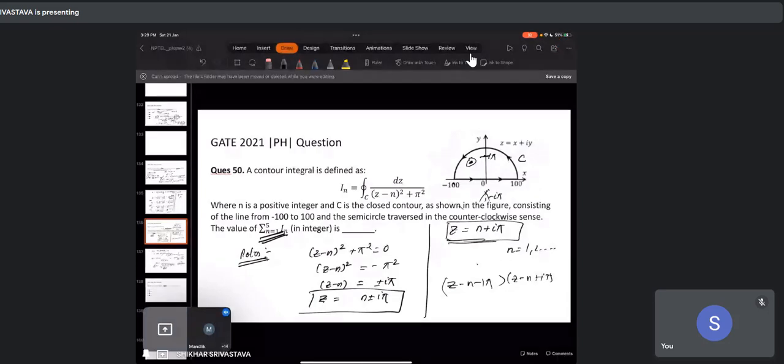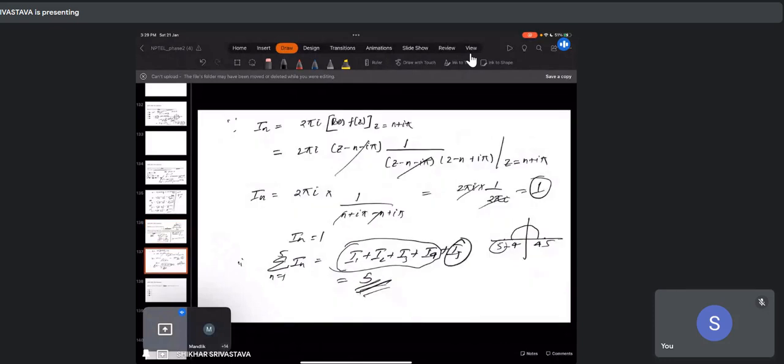For n equal to 5 also, it will lie within the curve only. So we'll take n equal to 4 and neglect n equal to 5. No, sir, we will neglect n equal to 4 also, right?